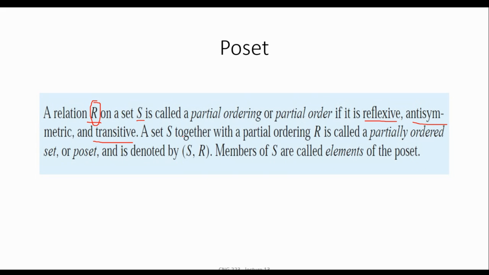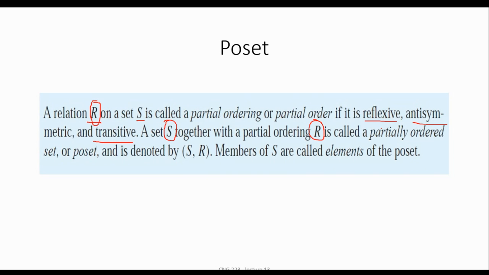Now, a set S together with the partial ordering R. So we are again talking about the set and the relation with these properties, and you remember this relation gets its elements from this set. So it cannot have, for example, elements from other sets. So S and R should be together.